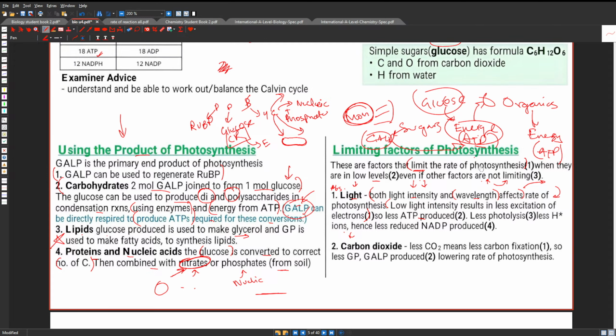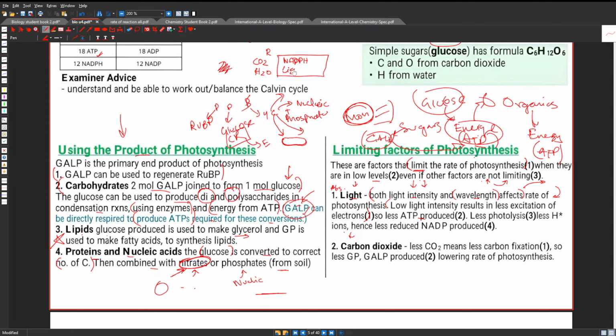When you think about limiting the rate of photosynthesis, you can think about how you limit the reactants used in photosynthesis. The main ones you can think of, besides CO2 and H2O, are NADPH and light.